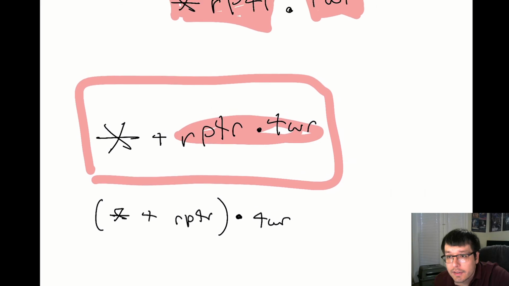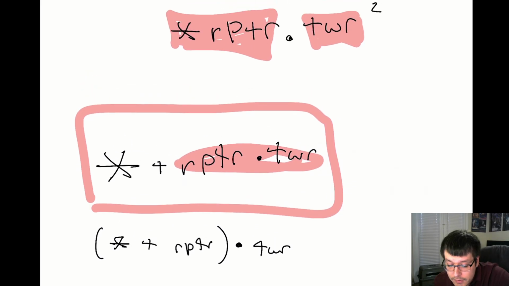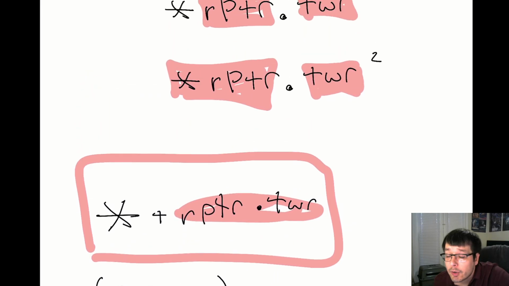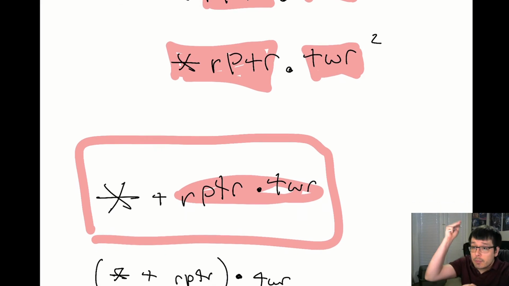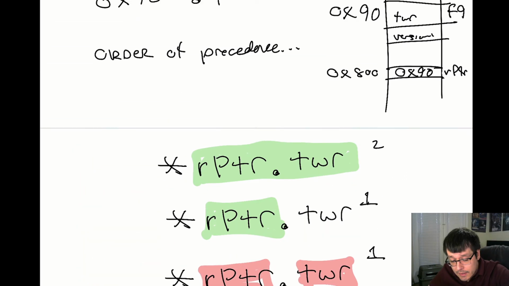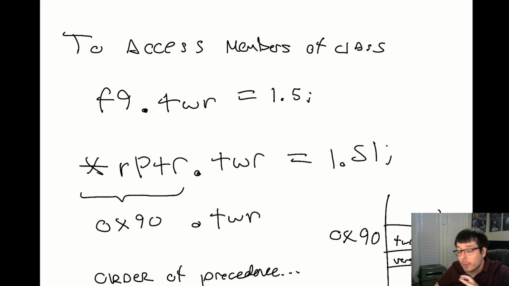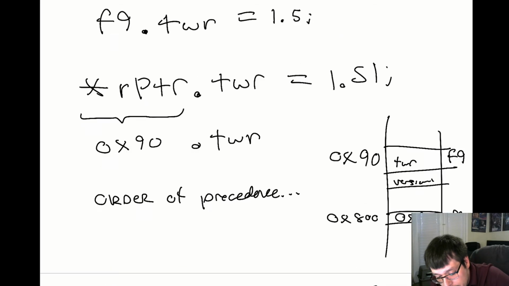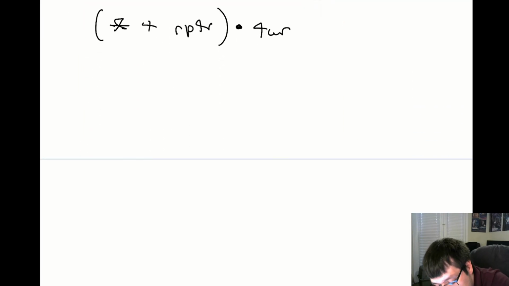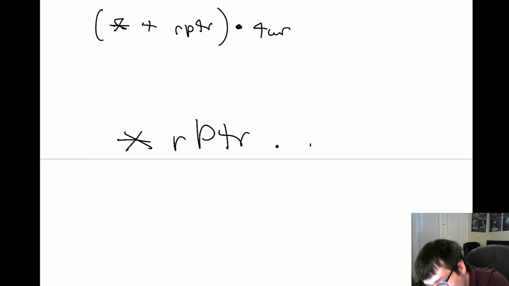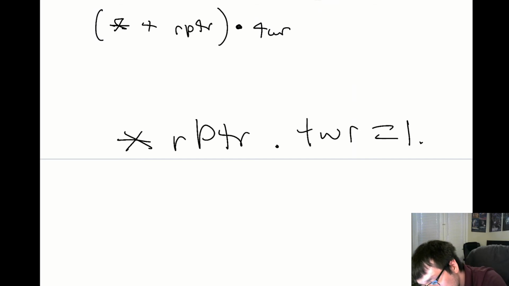The member access operator has higher precedence than the dereference operator. Okay? Because of that, and we want to dereference before we do member access, we are forced to put the parentheses. So yes, the final version of this goes from being asterisk RPTR dot TWR equal to 1.51, to having parentheses.